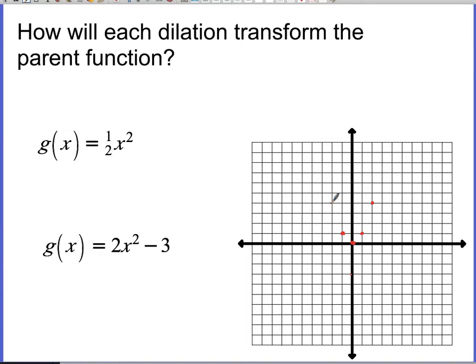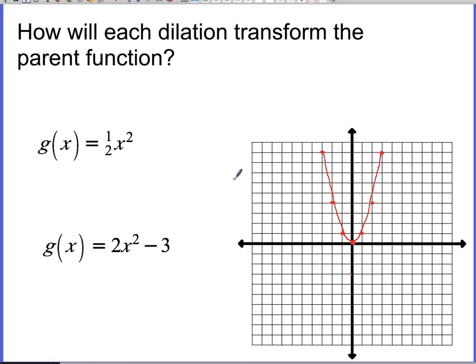So the parent function goes like that, and then our next one would be over 1, up 5. That gives us the parent function. See if I can do this here. Not too bad. Tough to do with this thing, but I made it.